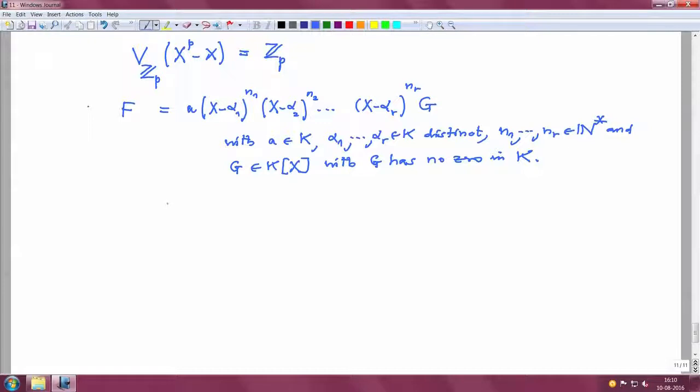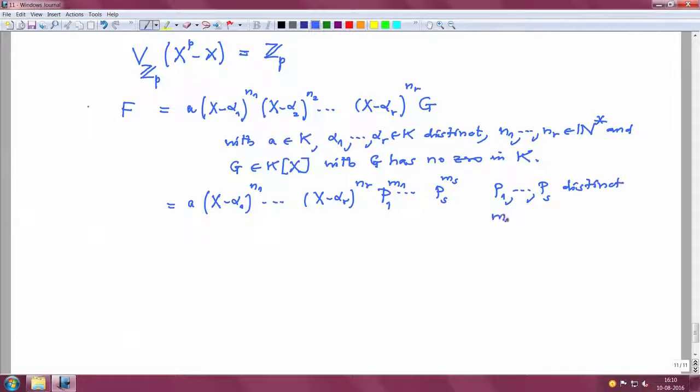So, in any case we can write this product as it is, and then further write g as a product of prime polynomials, p1 power m1 up to ps power ms, where p1 to ps are distinct prime polynomials and m1 to ms are their multiplicities in f, and none of the pi's have any 0 in k.